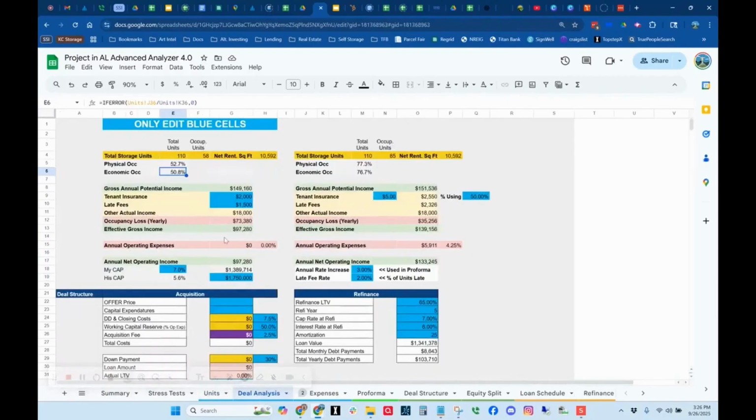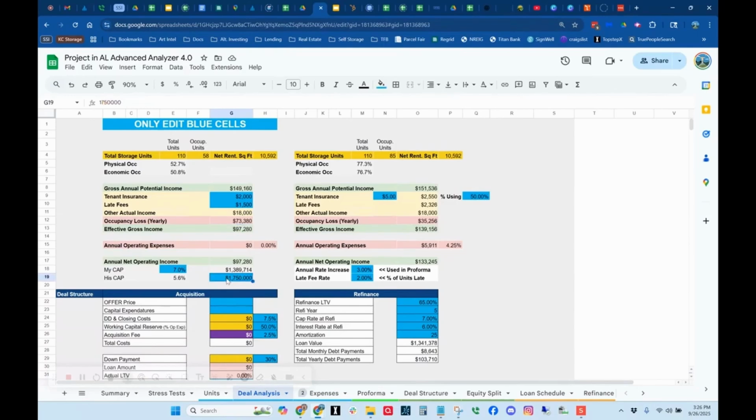And so now that gives you your effective gross income, where you add up all your current income and subtract out your occupancy loss. And down here you'll put in what they want for the facility.